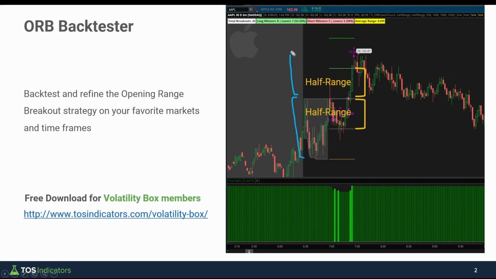And we project that same half range on whichever side the breakout happens. In this case today, we had a long side breakout, and that's why we have the half range plotting above us. And this level right here is what we would call the full range projection. The full range is simply taking the full ORB range and then projecting that to the upside. That's pretty much all the terminology you'll need to know in order to follow along with this video.